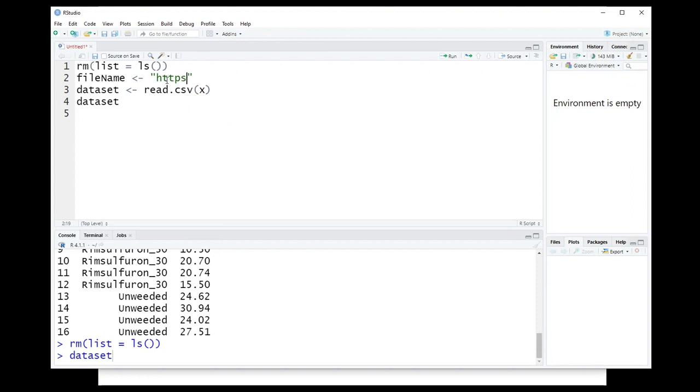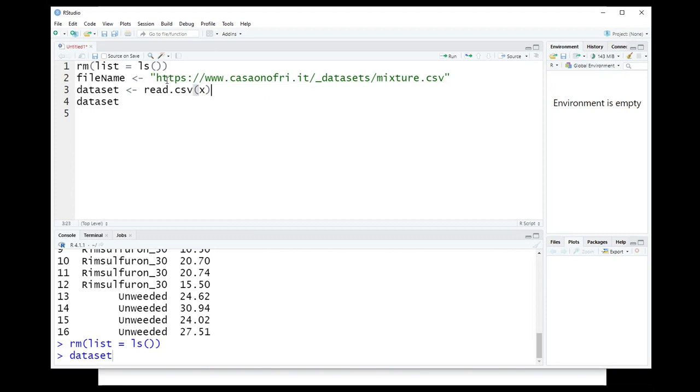HTTPS colon slash slash www.casaonofri.it slash datasets slash mixture.csv.